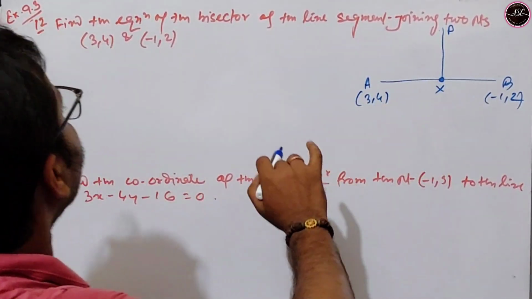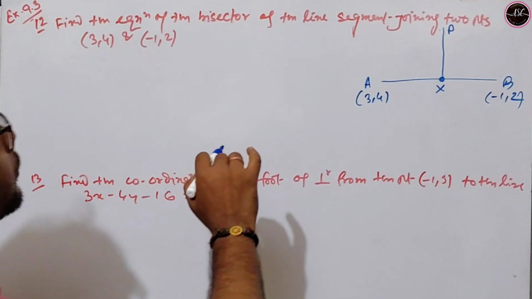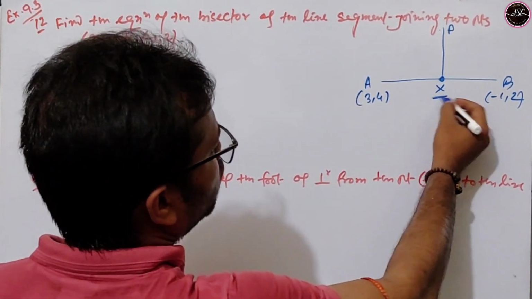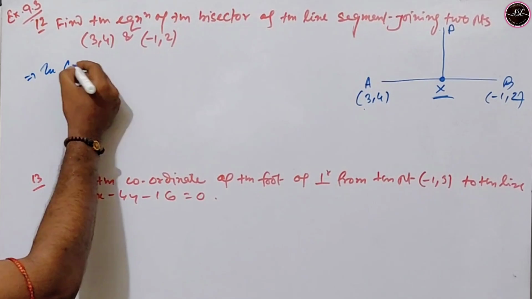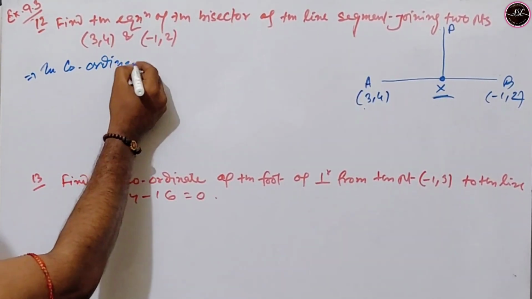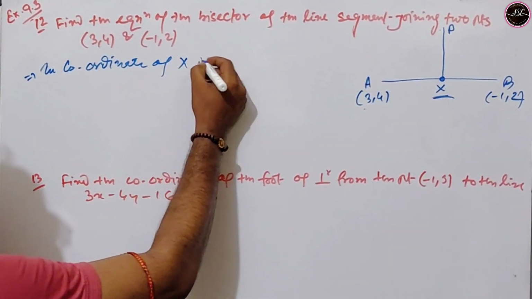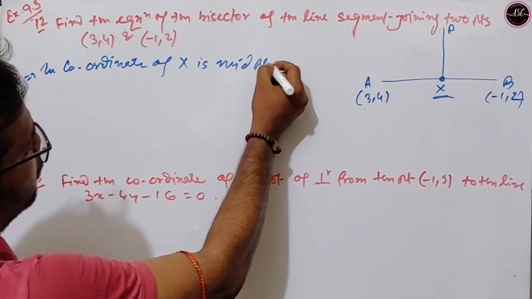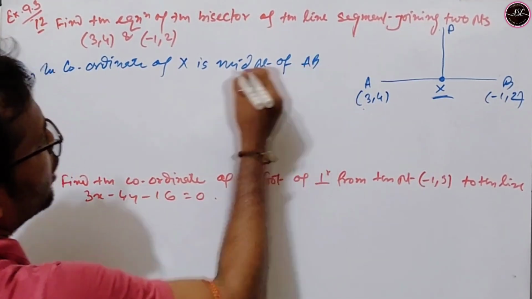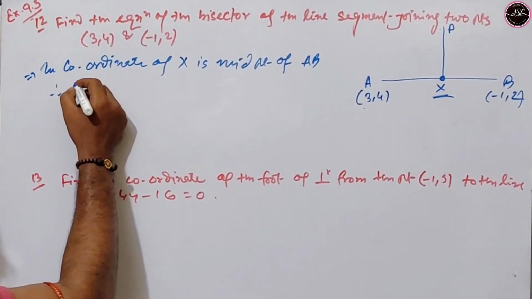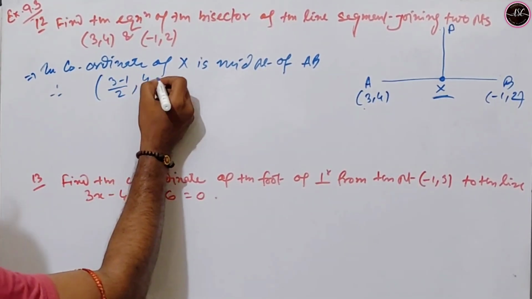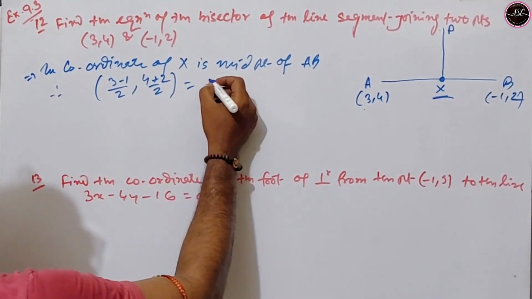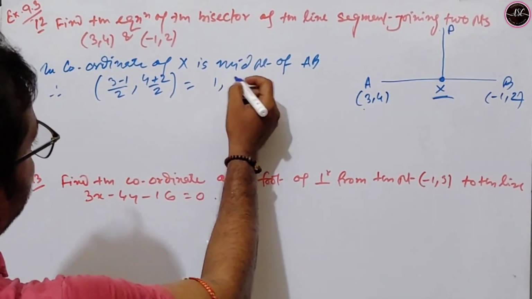And the midpoint will be, so the coordinate of X is the midpoint of AB. Therefore the coordinate is (3 minus 1) divided by 2, (4 plus 2) divided by 2, equal to (1, 3).